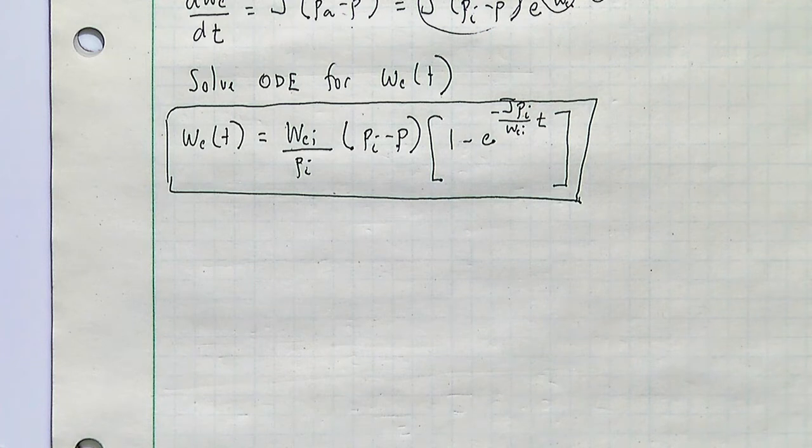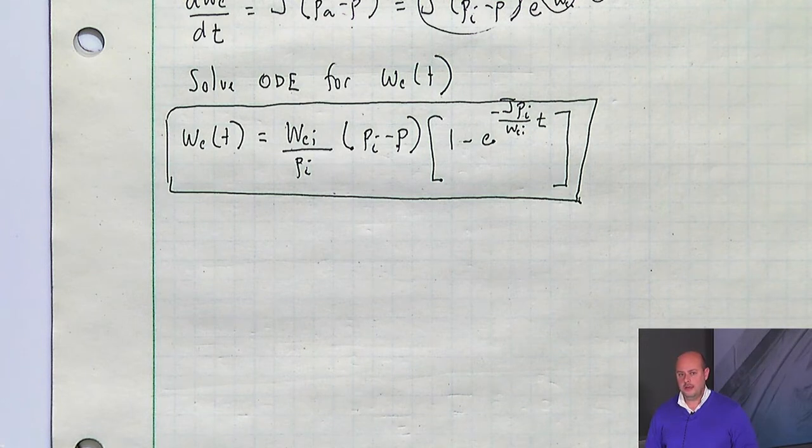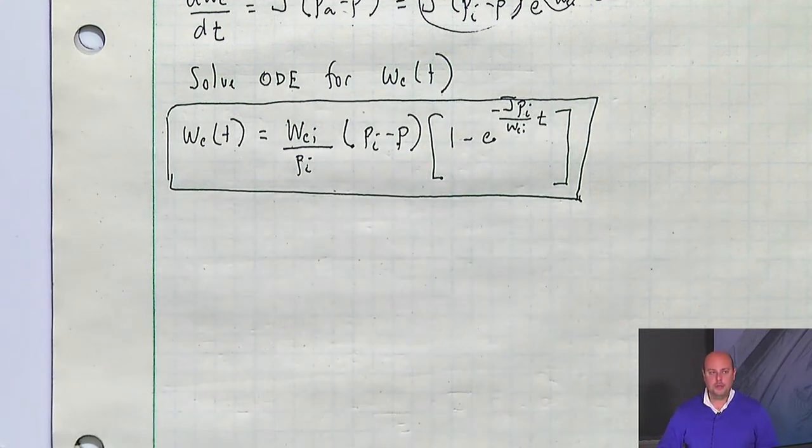We have a similar problem to the one in the Van Everdingen-Hurst problem: this reservoir pressure P is not constant. It is changing with time, and again we could approximate by assuming the reservoir pressure is constant for a period of time and then drops.